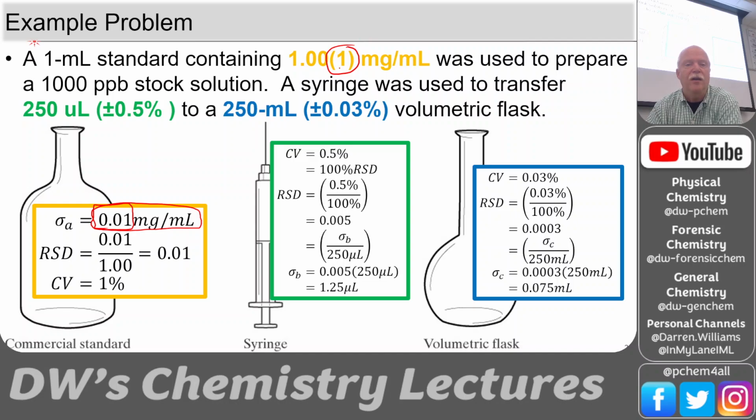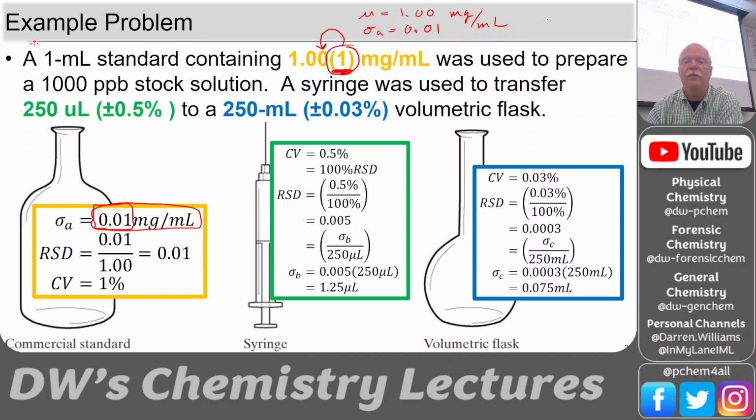It's given right here. So this parenthesis tells you what place value the uncertainty is in. It's in the very adjacent place value. So I can say that for this standard, mu is 1.00 and sigma A is equal to 0.01 milligrams per mil.